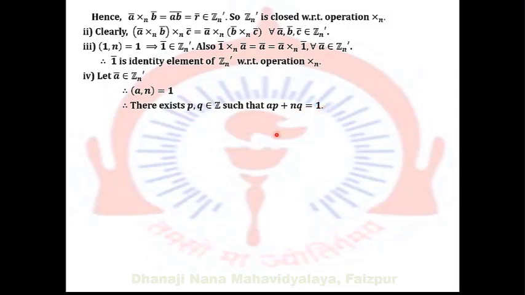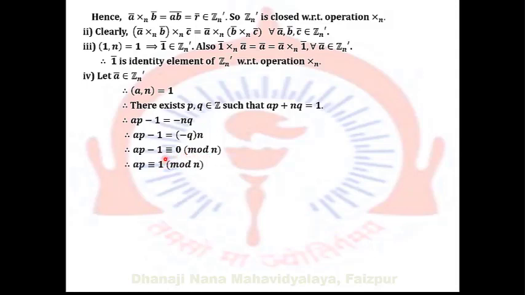Now AP plus nq is equal to 1, so this implies AP minus 1 is equal to minus q into n. That is, here AP minus 1 is nothing but a multiple of n. So from that we can say AP minus 1 is congruent to 0 modulo n. That is, when we divide AP minus 1 by n, the remainder is 0.